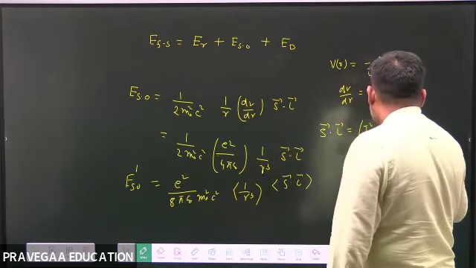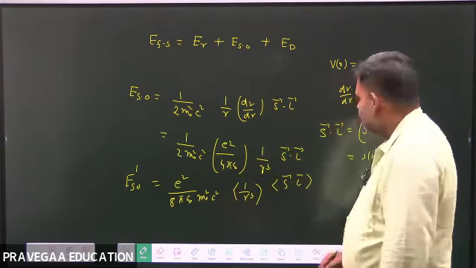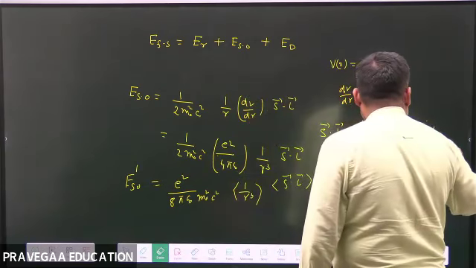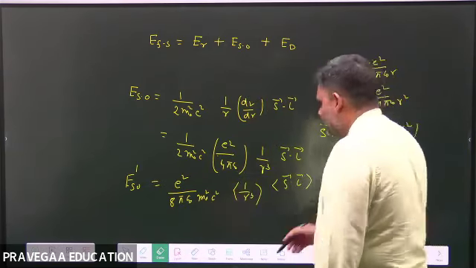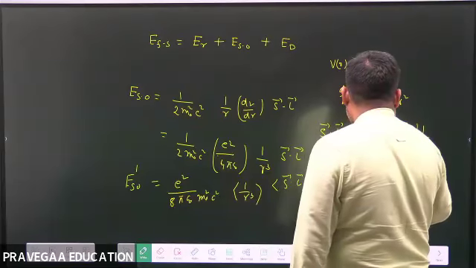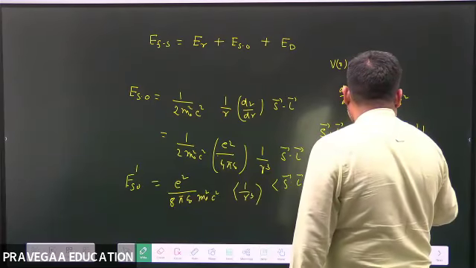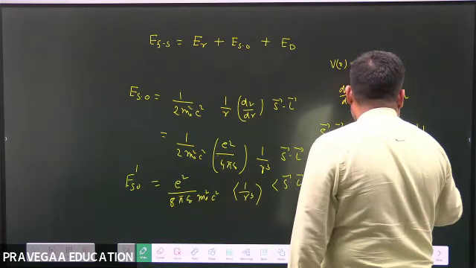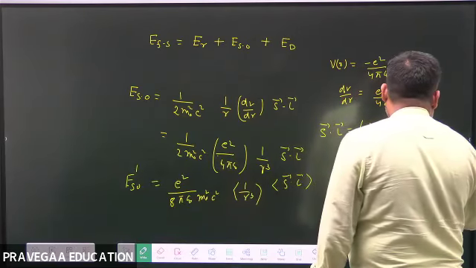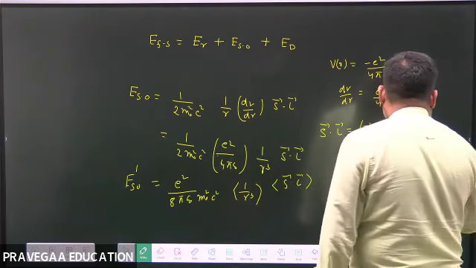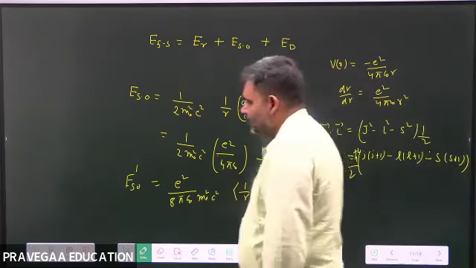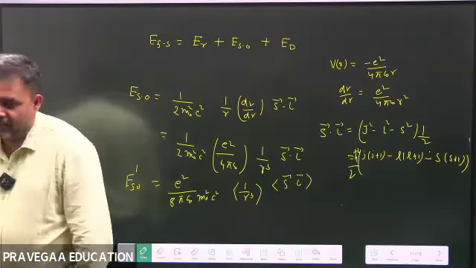The h cut square by 2 factor comes here, it is due to dimensional reasons. So it is j into j plus 1 minus l into l plus 1 minus s into s plus 1, times h cut square by 2.